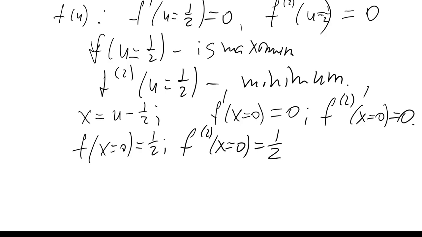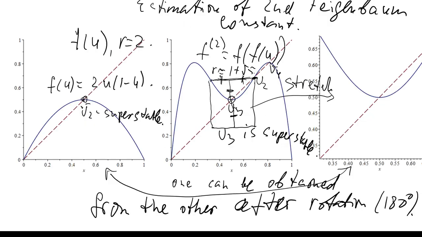And therefore what we see is that we are rotating, so in order to get f of x, we are rotating along the line, here half and here half.